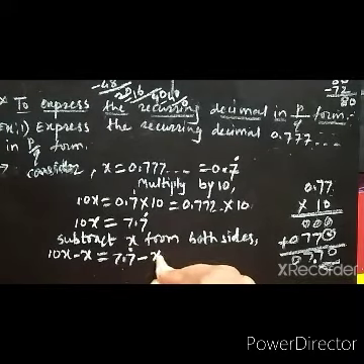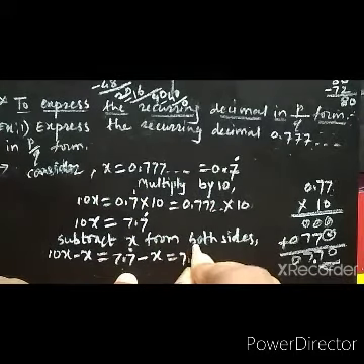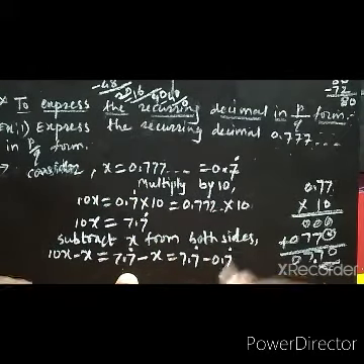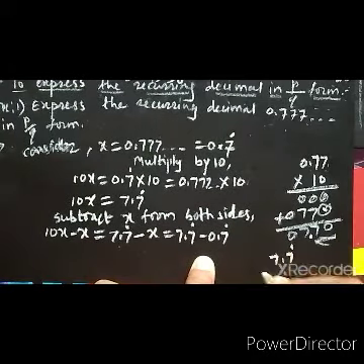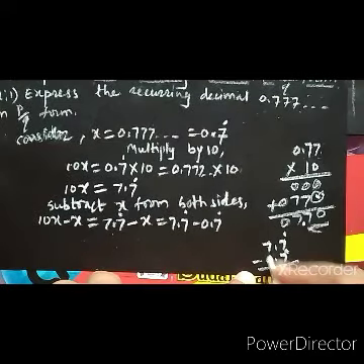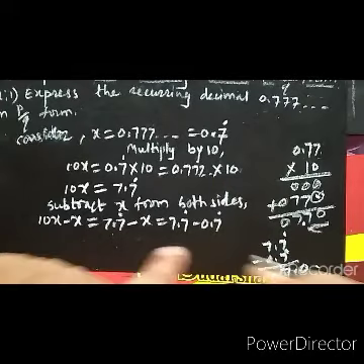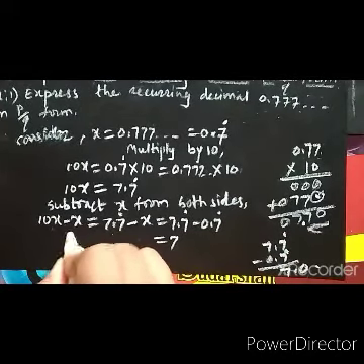So here we have to put the value of x, that is 0.7 dot. Therefore we can do the subtraction: 7.7 dot minus 0.7 dot. 7 dot gets cancelled and 7 minus 0 is 7.0, that is we got 7, and 10x minus x is 9x.